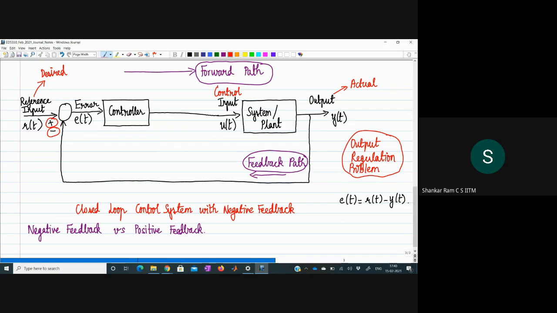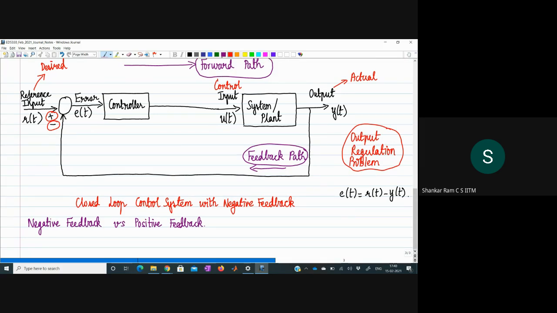And many times, another point may come into play. In this feedback part, one may add some other unit. Suppose we want to get the heading, but we have a gyro through which I am only getting the rate, and I am interested in the angle.